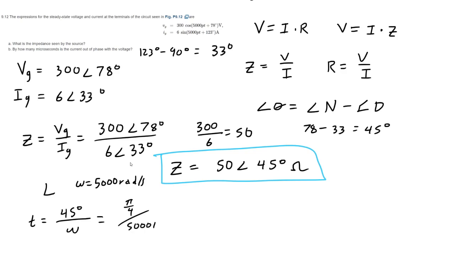You can also convert the 5,000 pi to degrees; either way will work. So it's going to become pi over 4 divided by 5,000, and that's going to be 50 microseconds out of phase with the voltage. So the current is lagging by 50 microseconds.